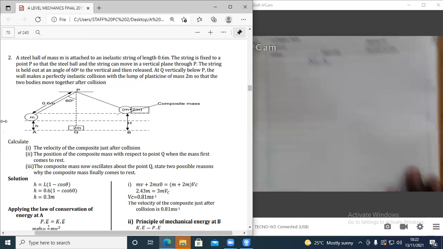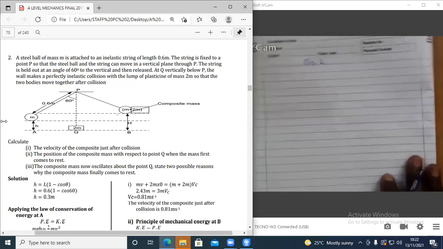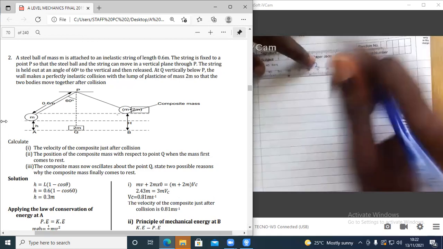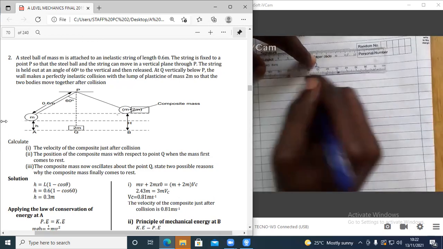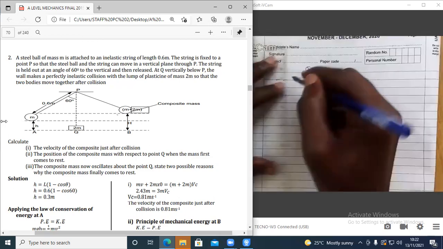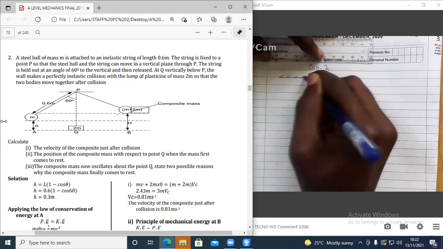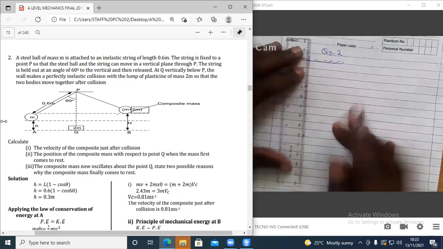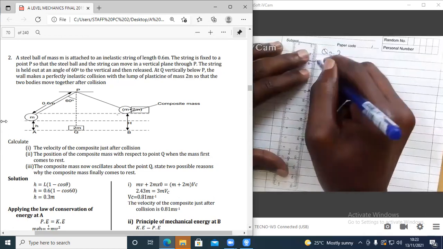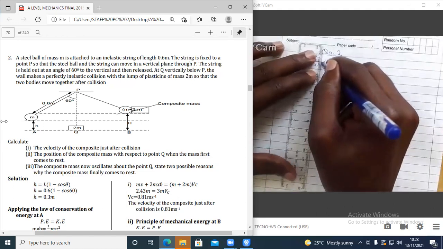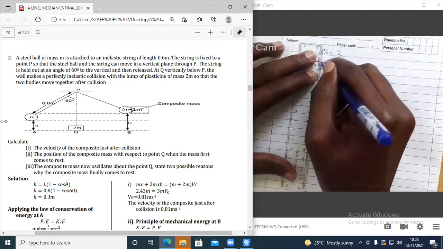So they're just repeating the statement we have already discussed, because that explains what we call a ballistic pendulum. So for this one, they have given everything here. They have the sketch before and after impact.